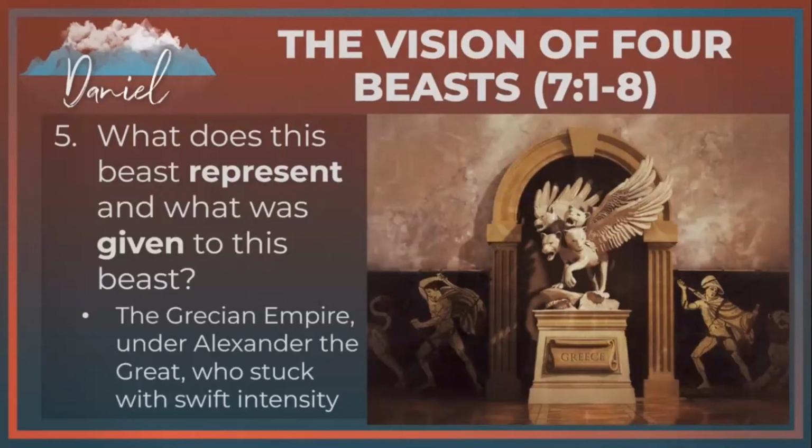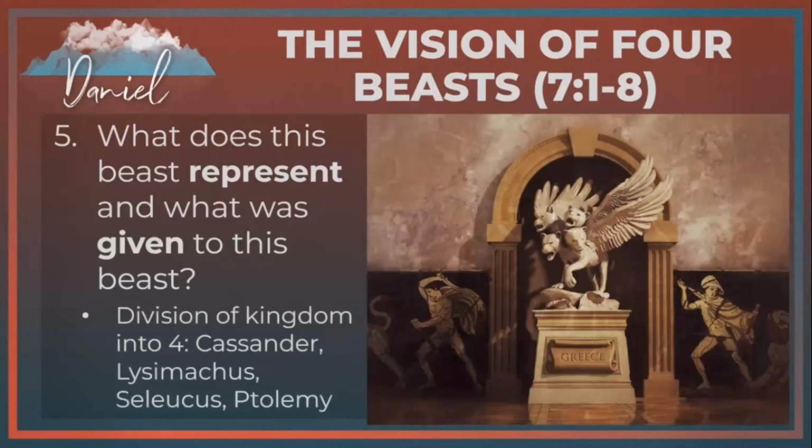But certainly this 4 heads piece there, we see you have one main leader, but then it really divides into 4. We'll talk about that a little bit more later. That seems to make the most sense right now. I think 4 is coming from all directions. Yeah, because he conquered, and conquered quickly, and conquered just about everywhere.